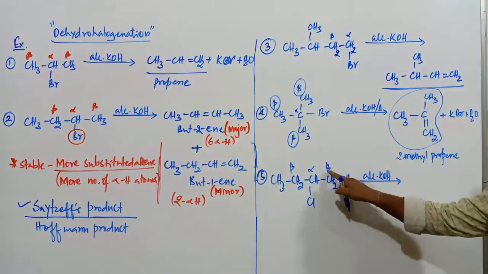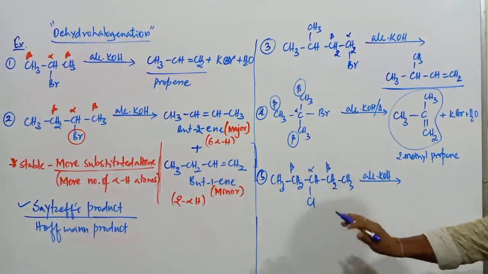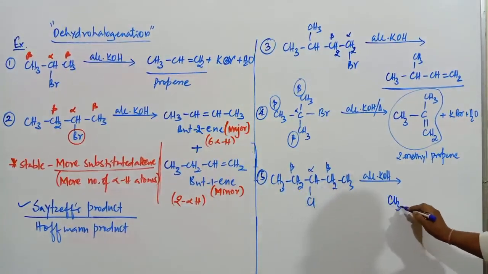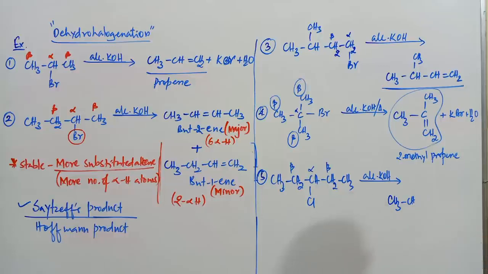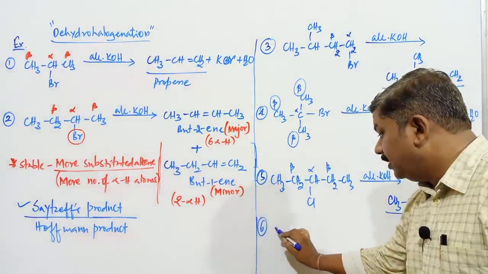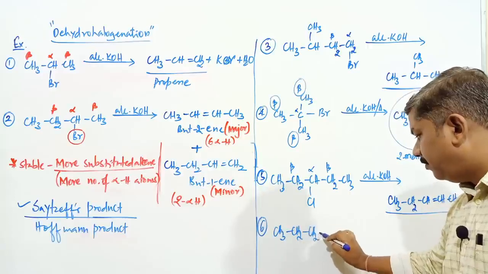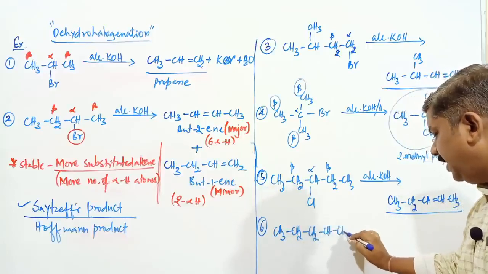Whether the hydrogen is removed from this carbon or this carbon, it makes no difference. So the only product possible is CH2=CH-CH2-CH2-CH3. What's the name of this one? It is pent-1-ene.